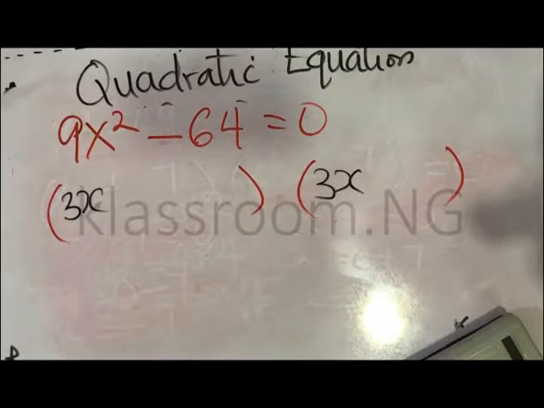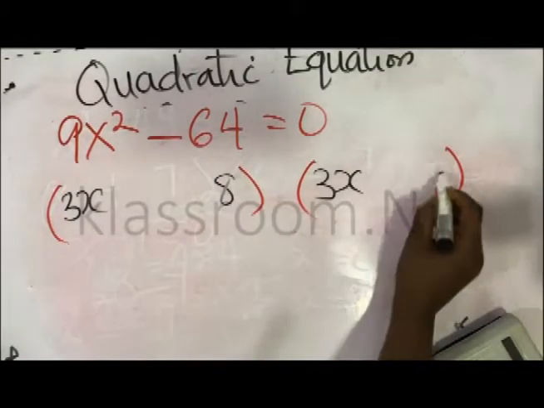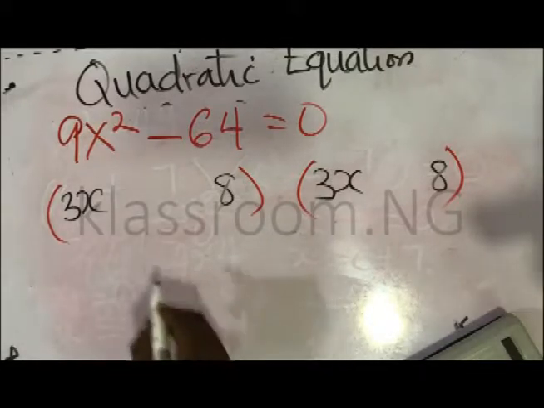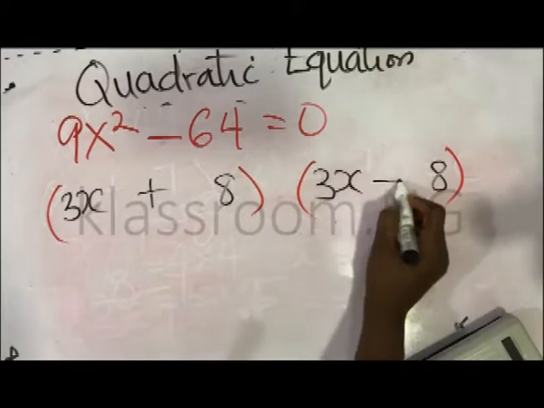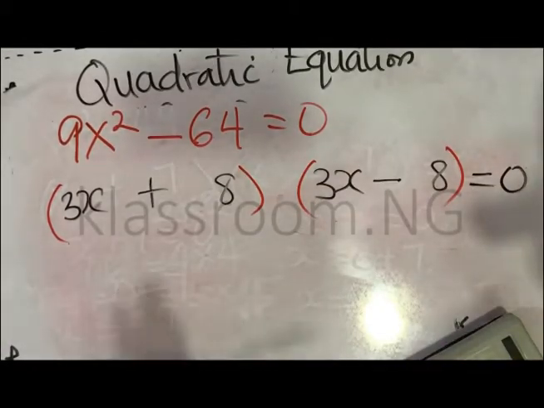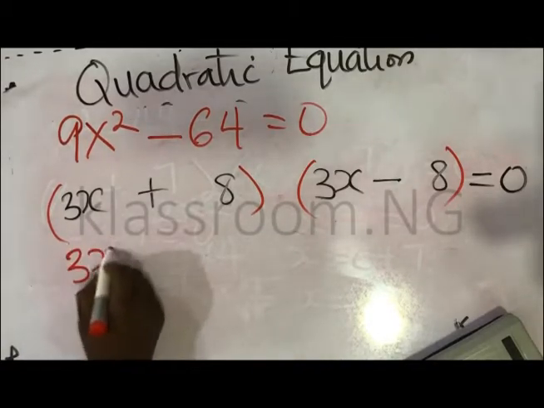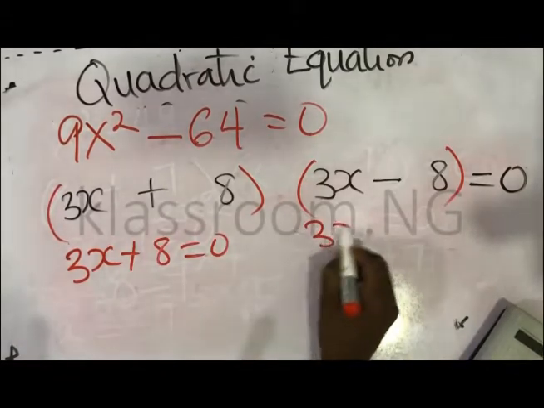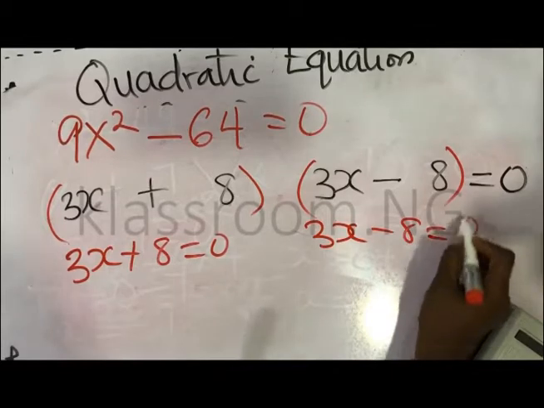Now to get 64, we have 8 and we also have 8. Now, we still apply the same rule for the subtraction sign. So we're going to have plus times minus to give us minus. So we can have plus here and we'll have a minus here, then we have equal 0. We're going to solve this one after the other. So we take 3x plus 8 equals 0, and we have 3x minus 8 equals 0.